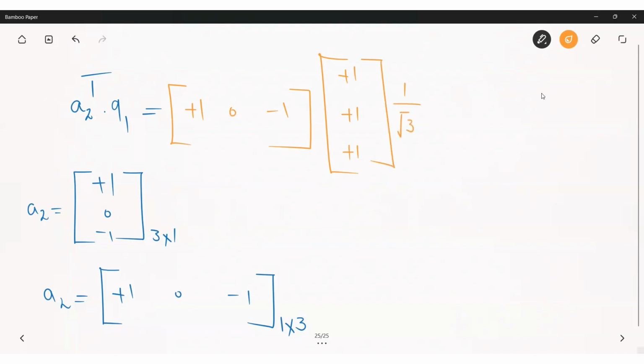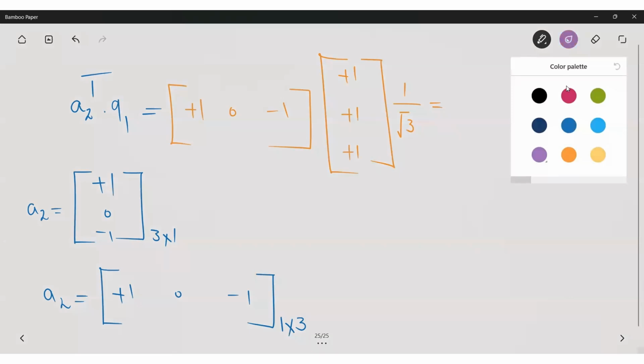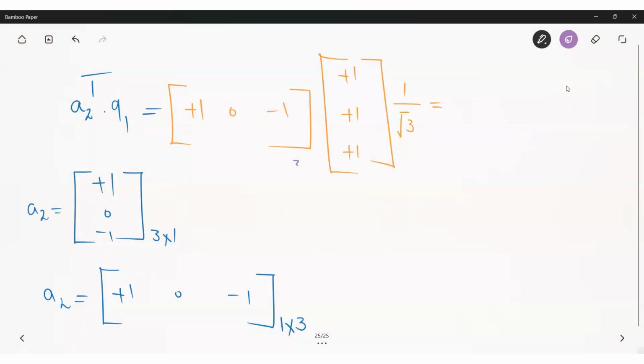I know this is equally distributed to all elements of Q1. Then I'm just going to multiply that. Let's see what happens. We have 1 by 3. Look at that, the dimension is 1 by 3. This one is 3 by 1.